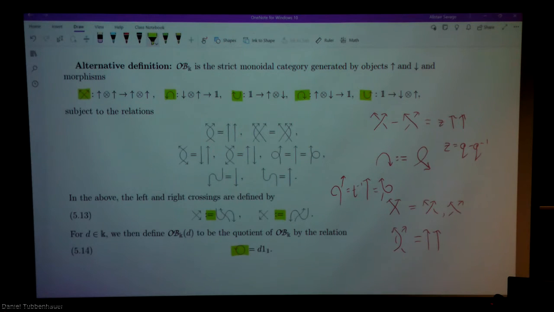Other questions? Yeah, you're right. The orientations are wrong. This one should be oriented up, and this one should be oriented down. I think I caught that in that first definition, but I forgot to catch it here. Is that what you meant? Yeah, that's right. Thank you. Let me do this, so I'll change it in the notes after.